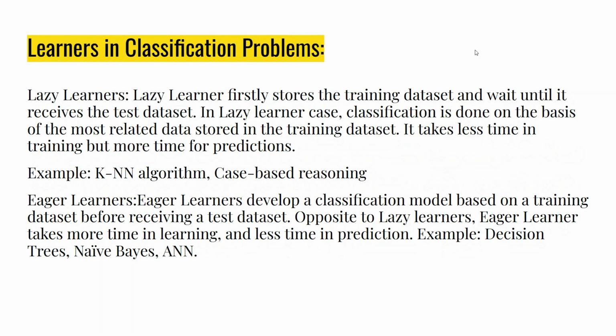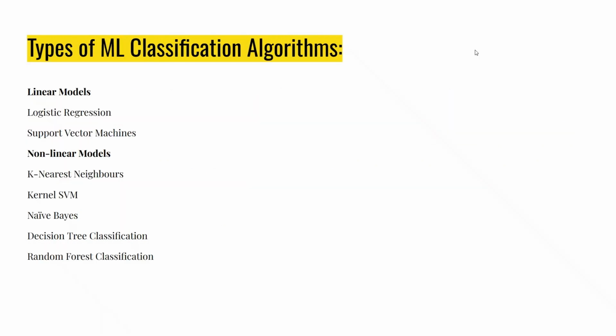Eager learners develop a classification model based on a training dataset before receiving a testing dataset, opposite to the lazy learner. An eager learner takes more time in learning and less time in prediction. For example, decision tree algorithm, naive Bayes algorithm, and artificial neural network algorithm.